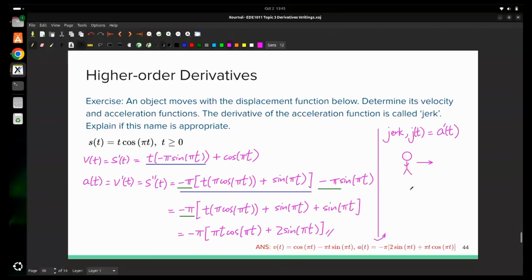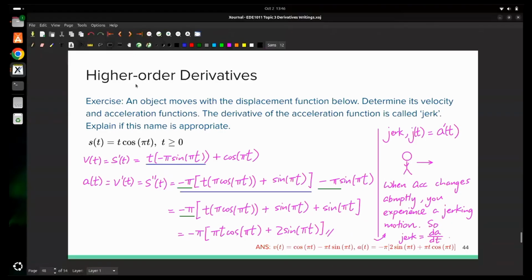Let me write down the explanation: when acceleration changes abruptly, you experience a jerking motion. So indeed, jerk equals the rate of change of acceleration.